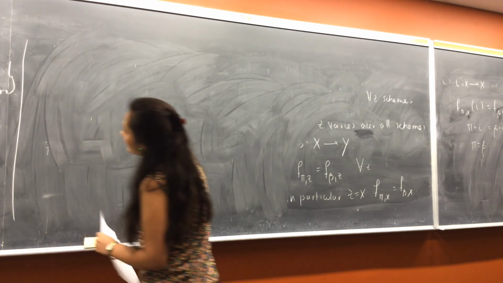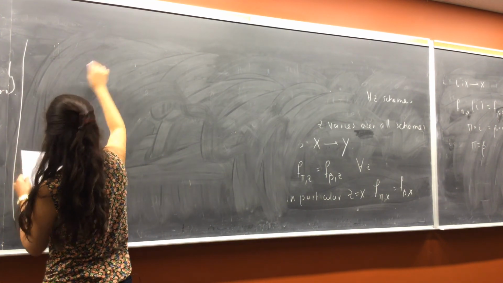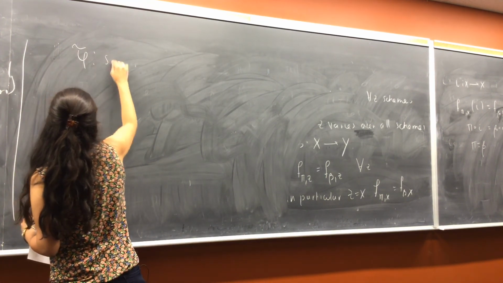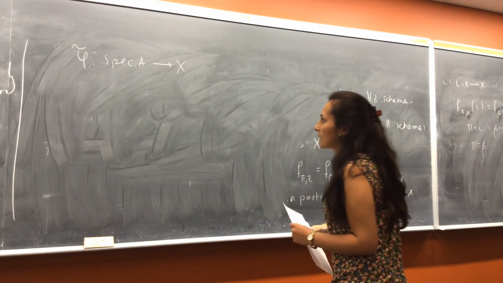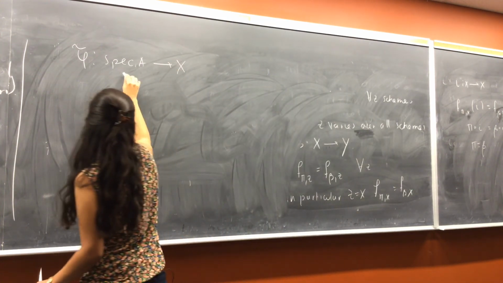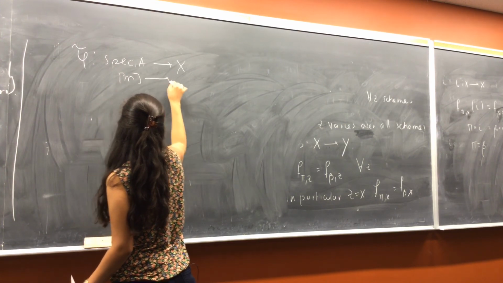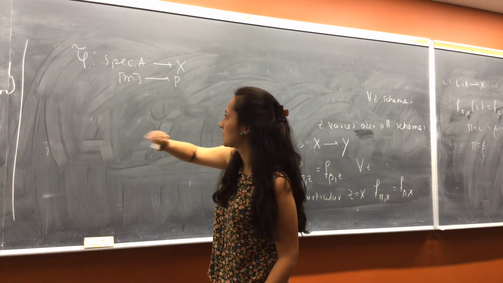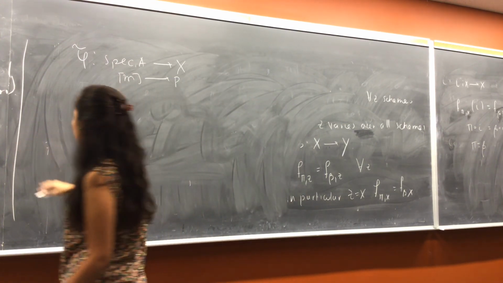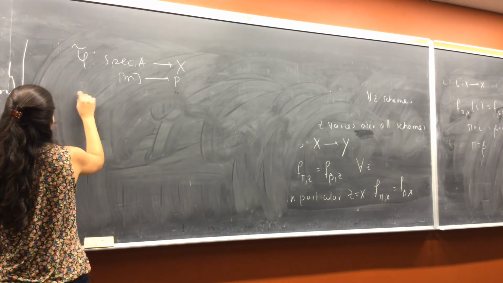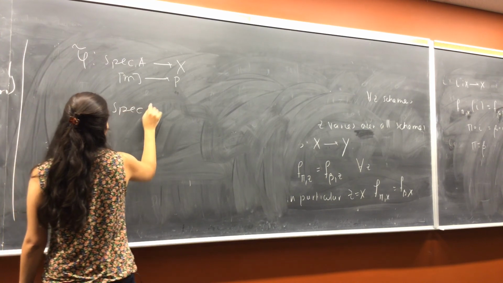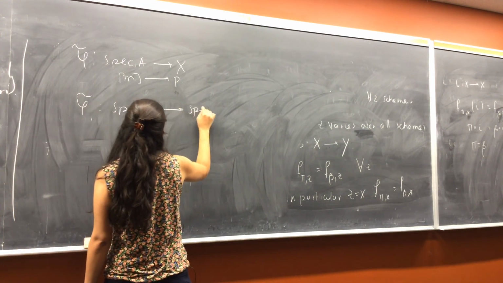To construct alpha, we have our map Spec A to X, but that map sends M to some point P, and then by the previous statement, we know that this actually has a good target, which is Spec B, some affine open.